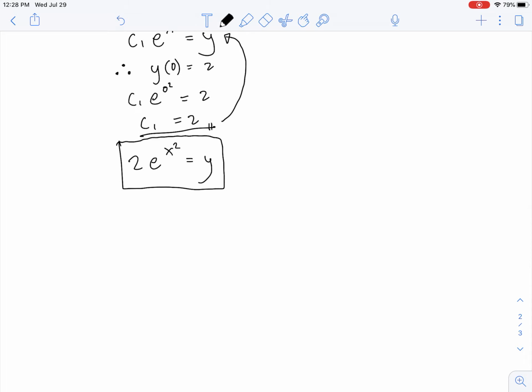Then sa differential equations na tayo duha ka solution. First is explicit, so manang first. Then second is implicit na solution. Pag explicit gani ang ginaingon, ato ang i-isolate ang y.